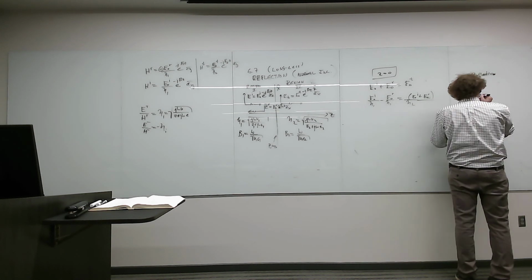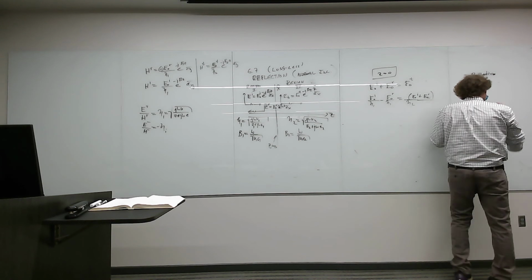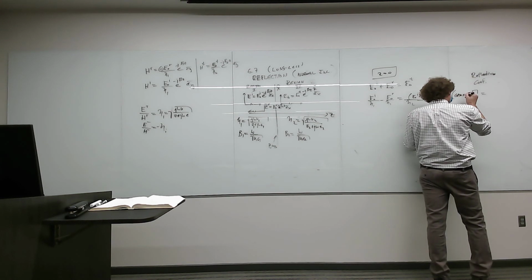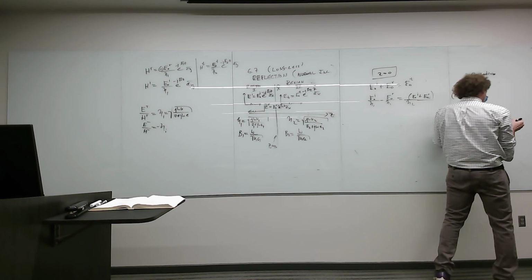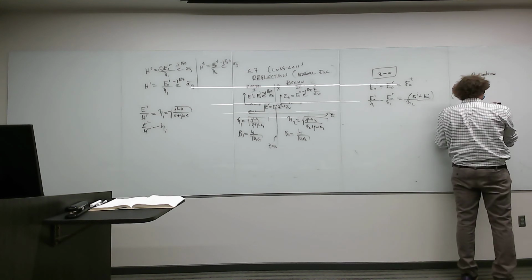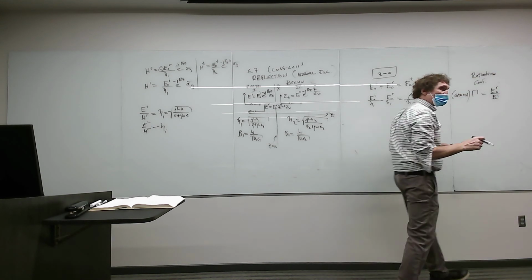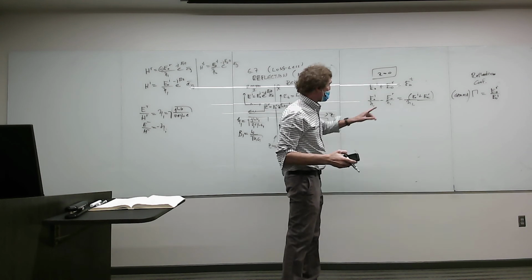The term is called gamma. The reflection coefficient is the ratio of E naught reflected over E naught incident, so it's a magnitude ratio. Now we're going to get it with this equation.